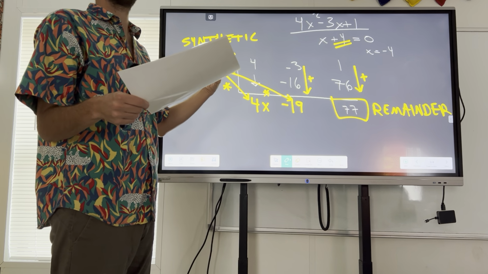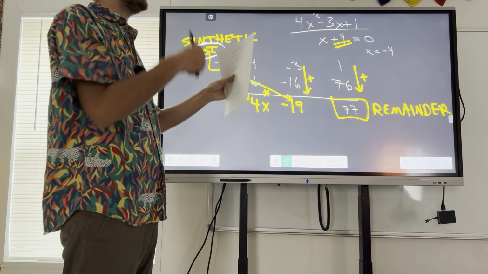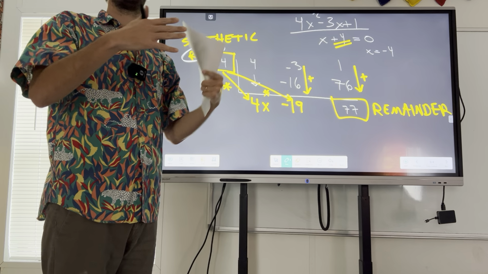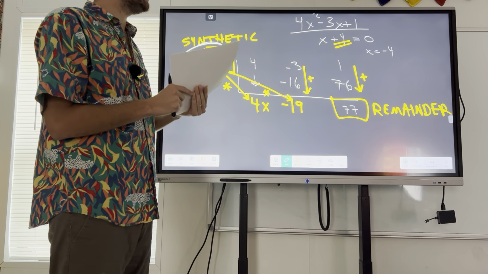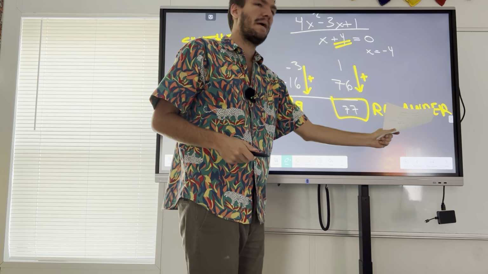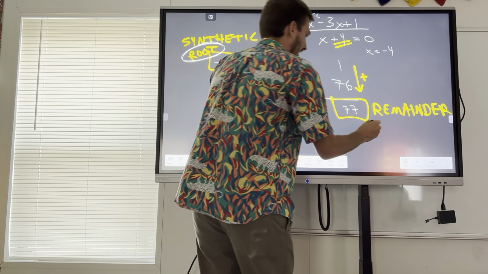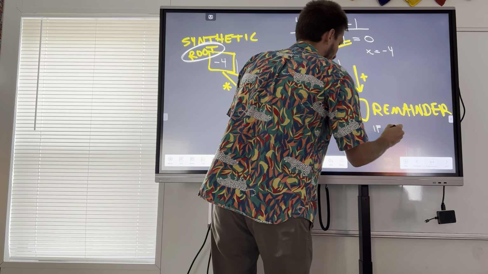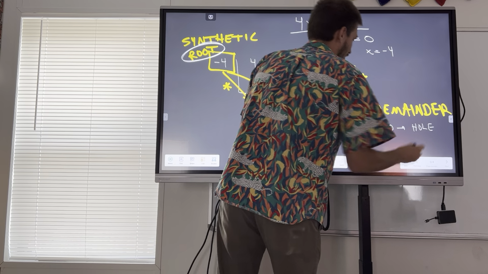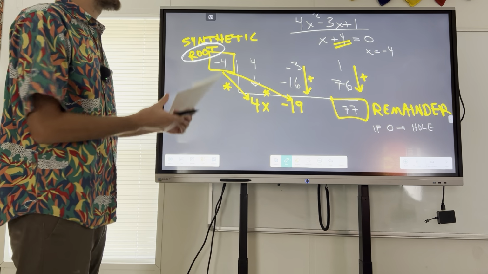That means you're a hole, because the bottom crossed out with the top perfectly with no leftover. So, maybe take some notes: if 0, that means you're looking at a hole here. But most likely it's not going to be 0.